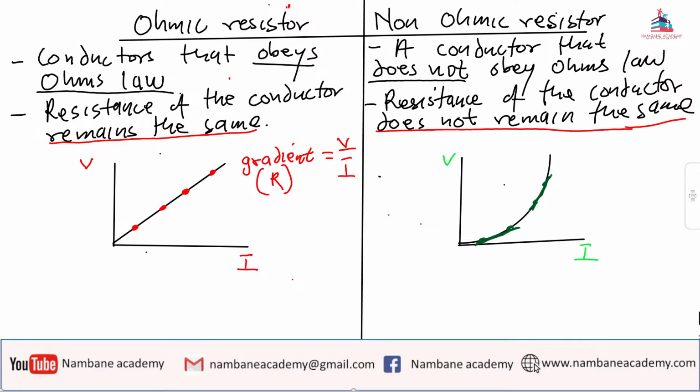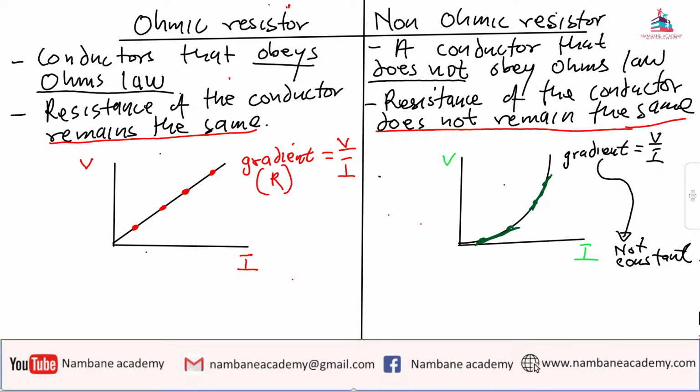One can say, but let's look at the gradient here, which will also be V over I. But the fact that this V over I is not constant, that is when we say it does not obey Ohm's law.